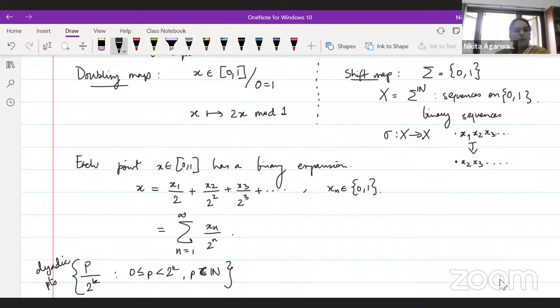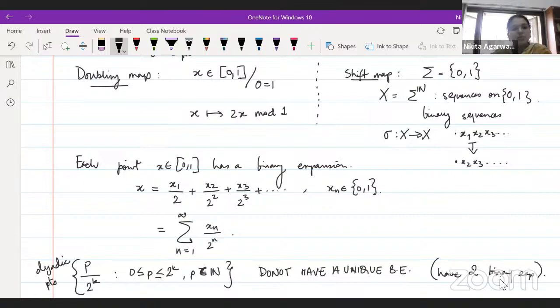So these dyadic points do not have a unique binary expansion. In fact, all these points have 2 binary expansions.